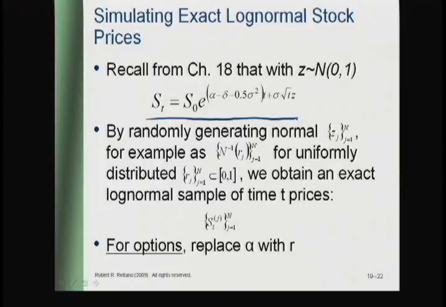We have a mean drift term. This is a real-world model of an alpha minus the dividend rate of delta with the half sigma squared adjustment times t. And then we have the risky part of the return, which is the sigma square root of t times a unit normal or a standard normal.